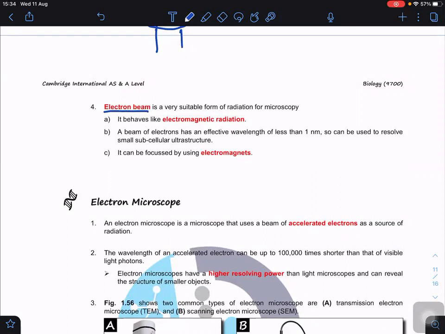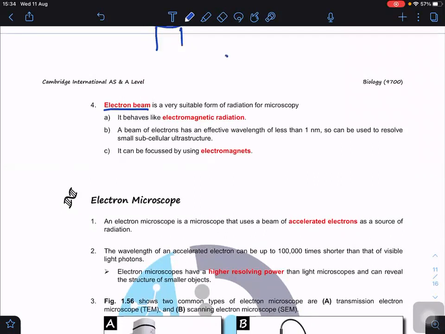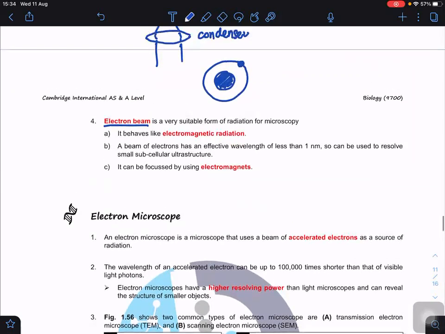If you understand the concept of the atom, it is surrounded by electrons. If we provide sufficient energy, we can eject an electron from the valence, the outermost shell, so that it becomes a free electron.